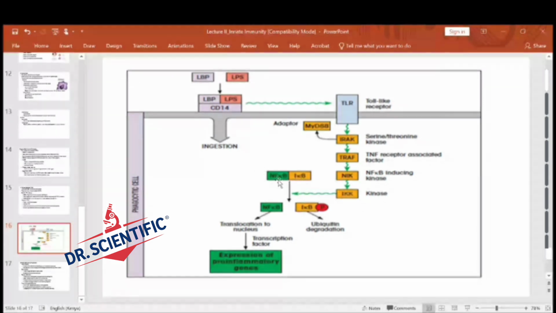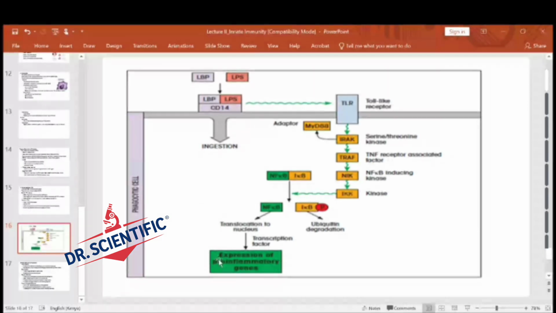Once this happens, then nuclear factor KB is activated, and they separate. Once they separate, because IKB is now phosphorylated, it undergoes ubiquitination and degradation, and nuclear factor KB is triggered. The transcription factor now triggers the expression of pro-inflammatory genes.